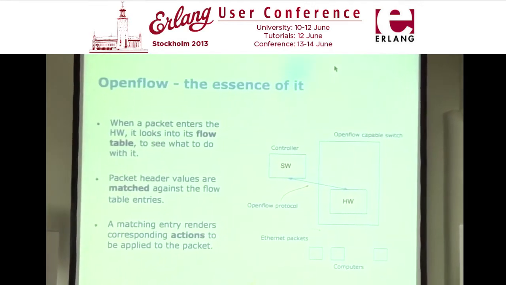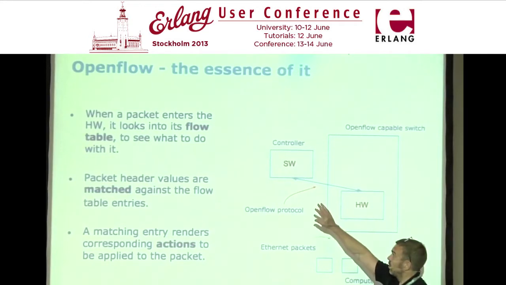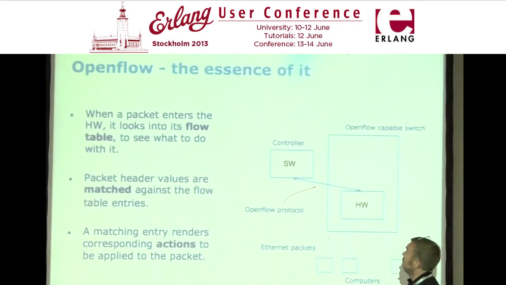So what happens is that this software here is, in OpenFlow terms, called an OpenFlow controller. This hardware here is really just a table trying to match the headers of the incoming packets to see if any packet matches what you have specified in your table.